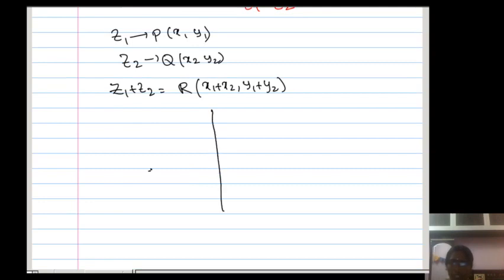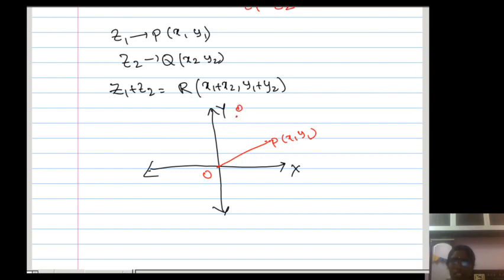For example, this is the Argand plane, x and y, the real axis and imaginary axis. Suppose the point P here is (x1, y1). Let us say the point Z1 represents (x1, y1). This is the origin, and OP represents Z1.